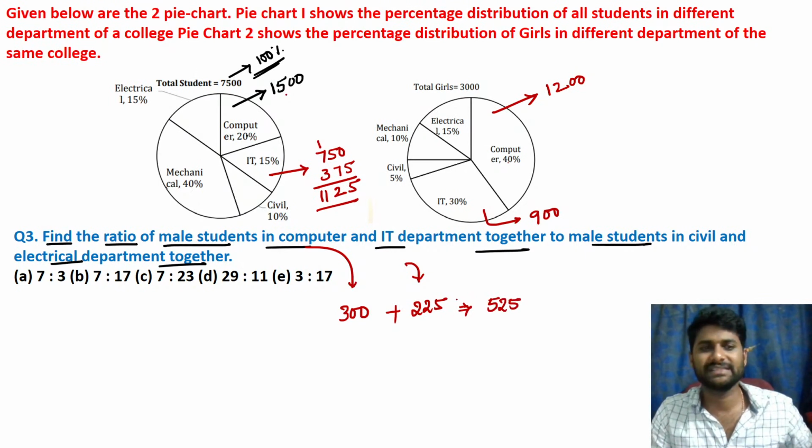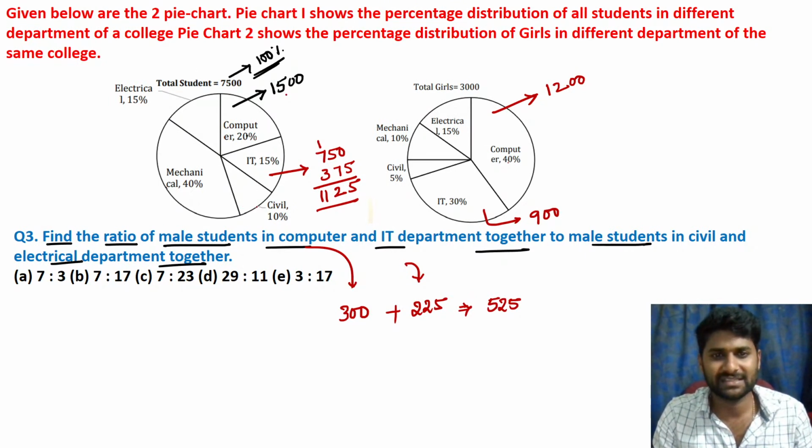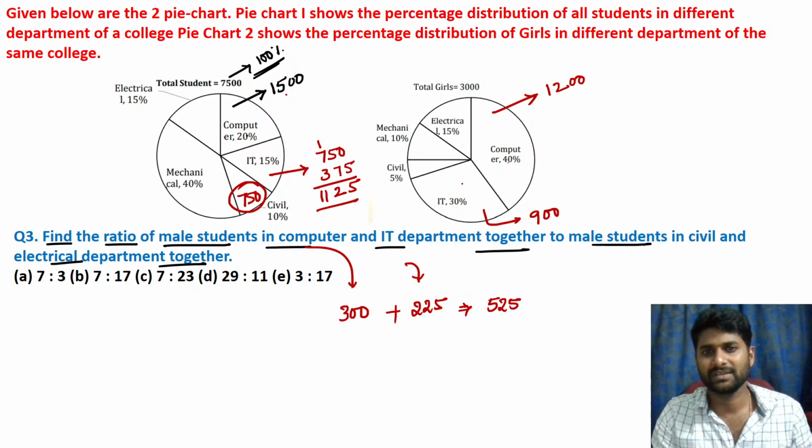Now you have to pick the civil and electrical. Civil and electrical. See, 10 percentage value becomes exactly equal to 750. So we want male only. Here 5 percentage value: see, 10 percentage is 300, so 5 percentage value becomes 150. Now see, the number of civil boys is exactly equal to 600.